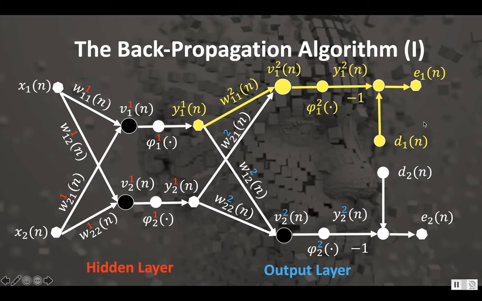And then there is the desired response D1. So all these components will be involved in the update of W211, the weight for the output layer.